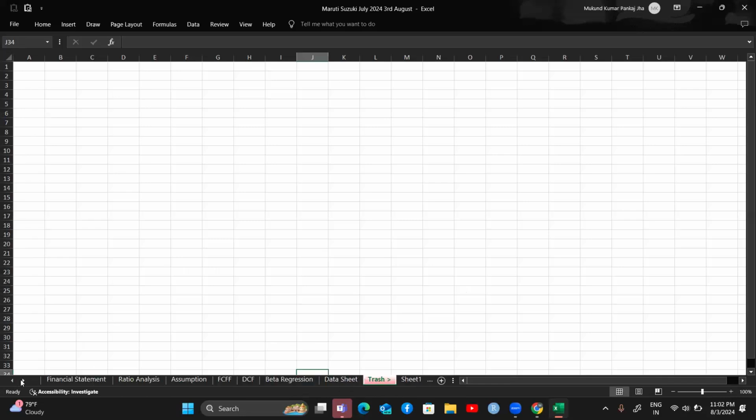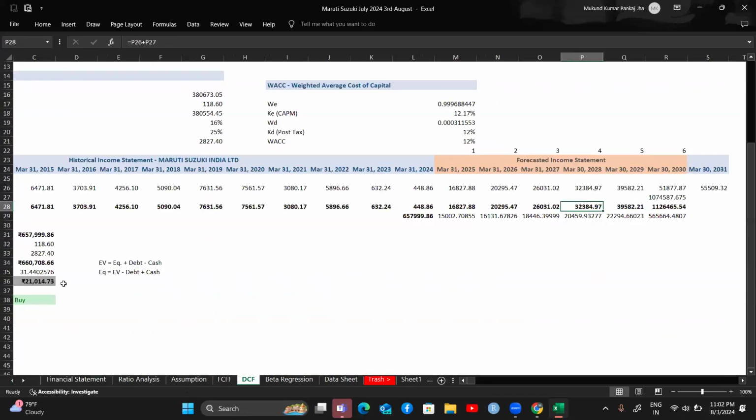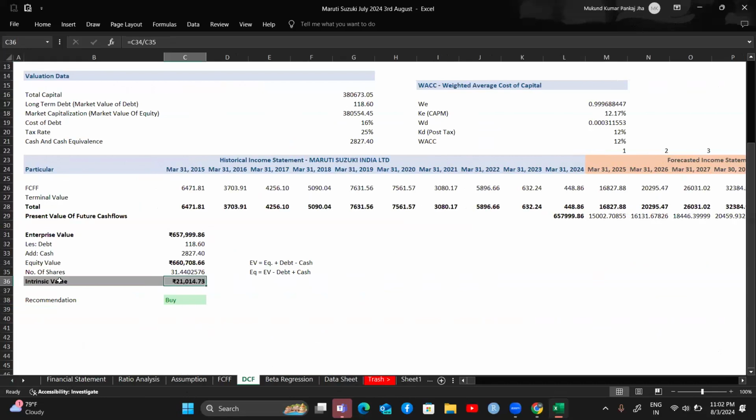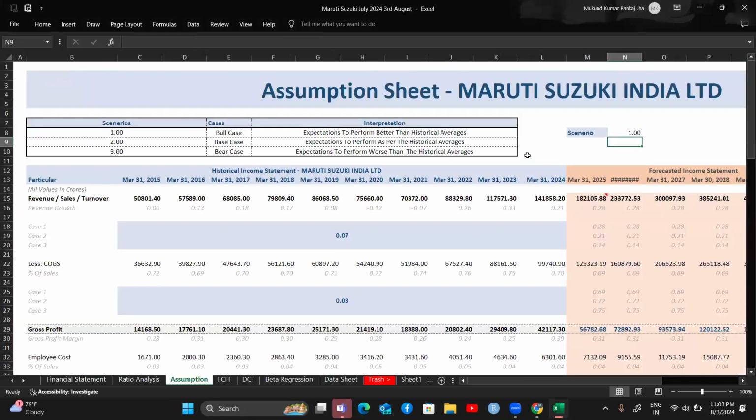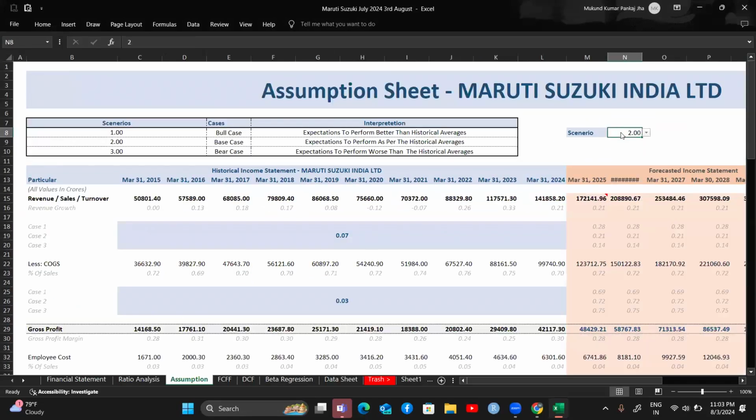Dividend part won't affect the valuation, right? Has it affected the valuation? Equity value, number of shares, enterprise value, NPV. Okay, let me check how it flows and based on what. It has increased the cash flows, and based on this new assumption, the valuation that we are getting in a base case scenario is 10,925.